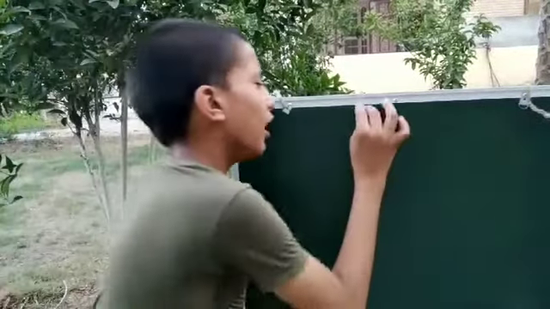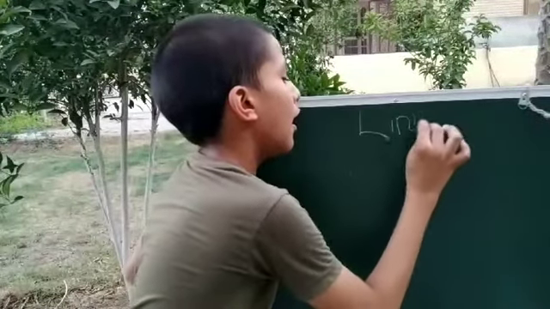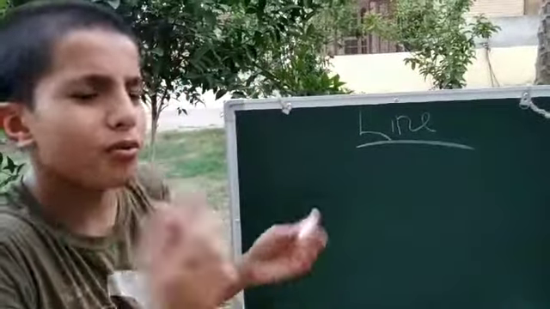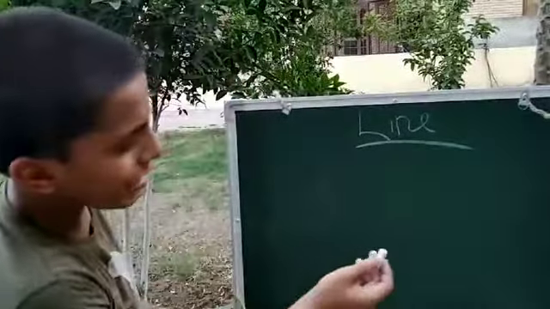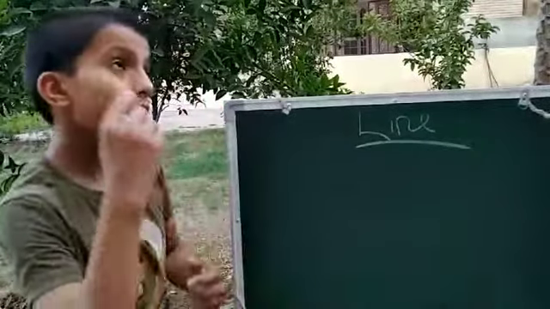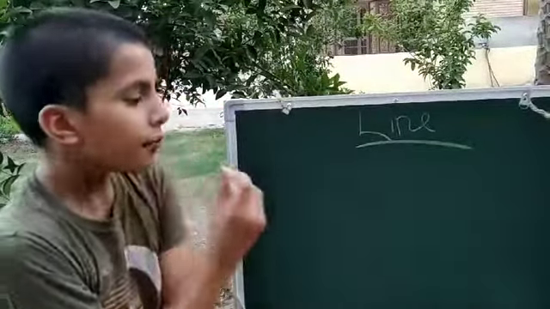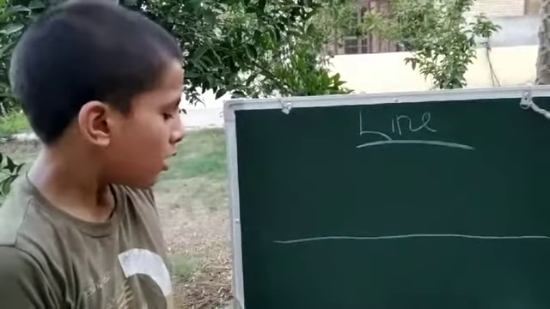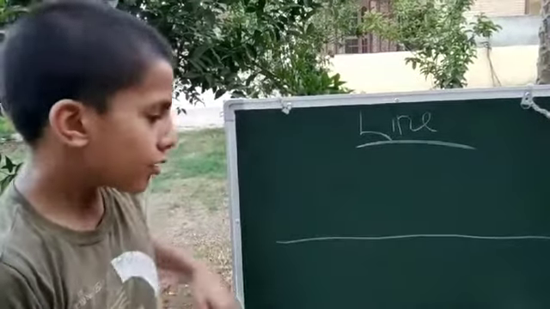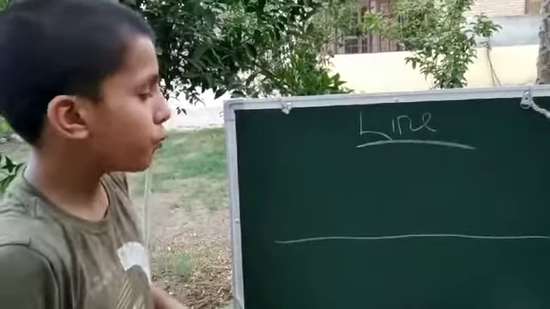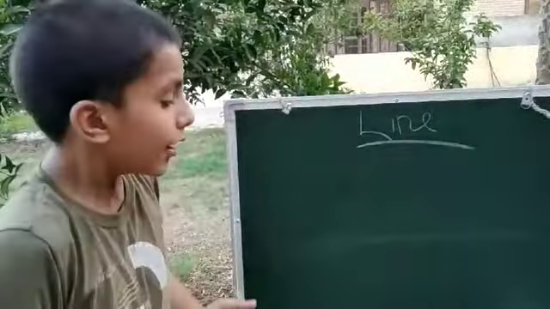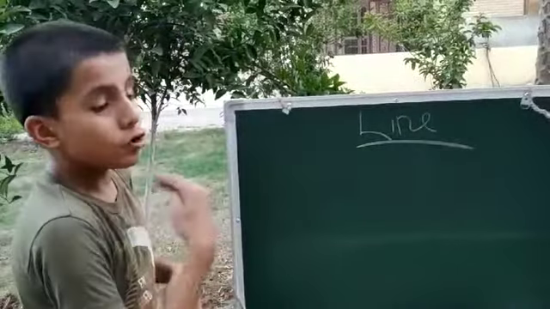What is the meaning of line? When I think of a line in my mind, I think of a straight line, like this. But a line means it starts from a point and goes on endlessly.